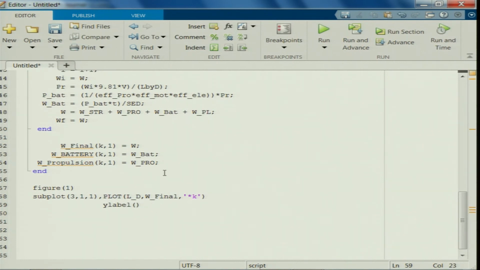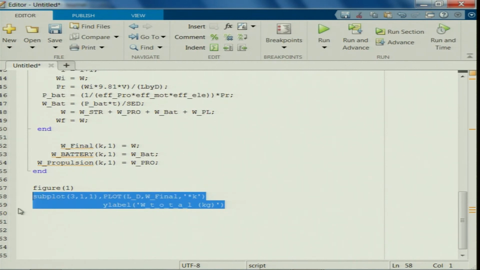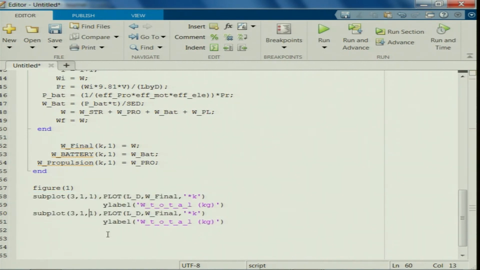Y label syntax, okay. So, it is W, right, let me just put W underscore total weight, right. So, maybe it is worth mentioning kg, total weight in kg. L by D varying with W, how the battery weight is varying, BAT, let me just copy this.